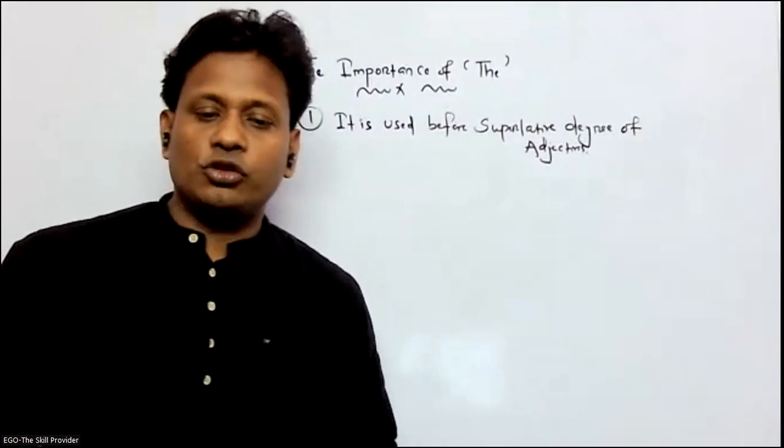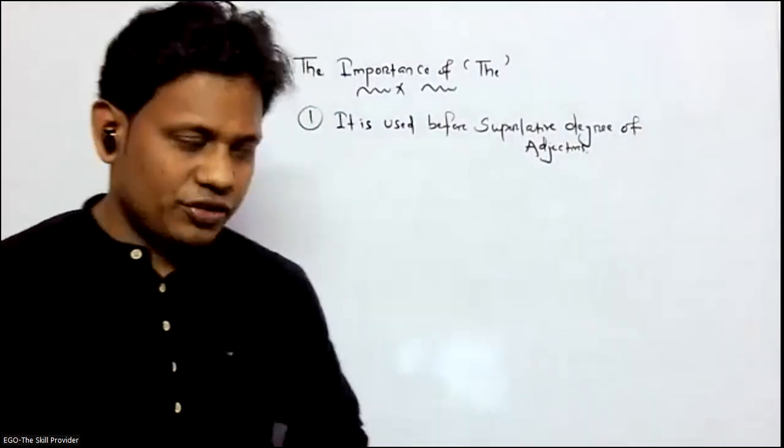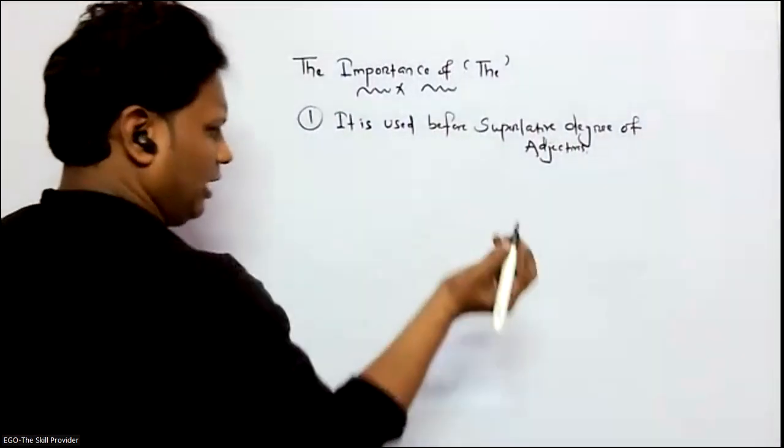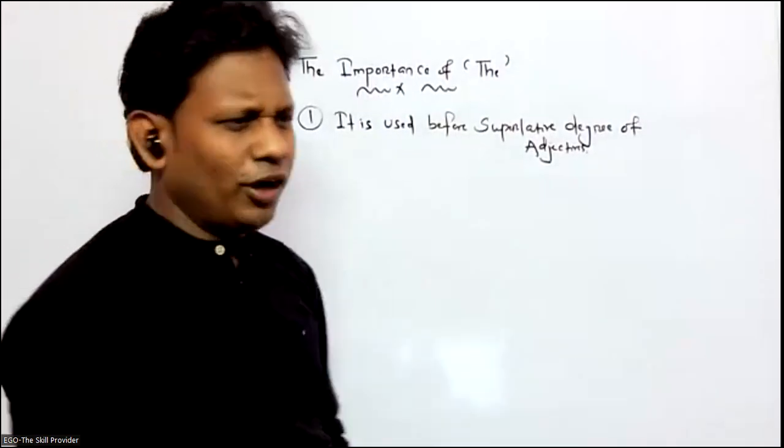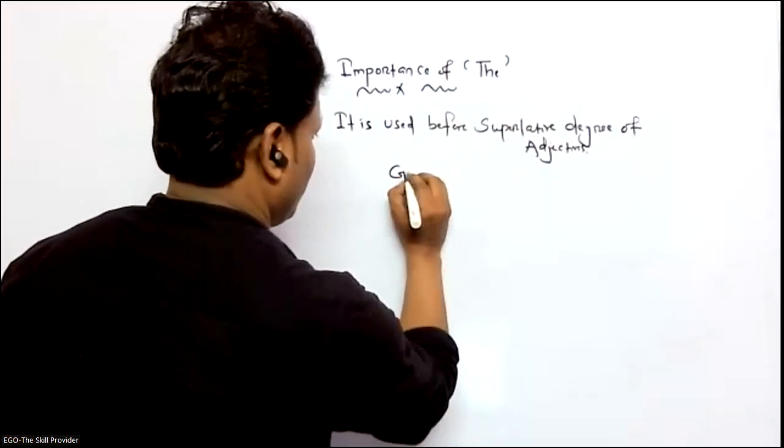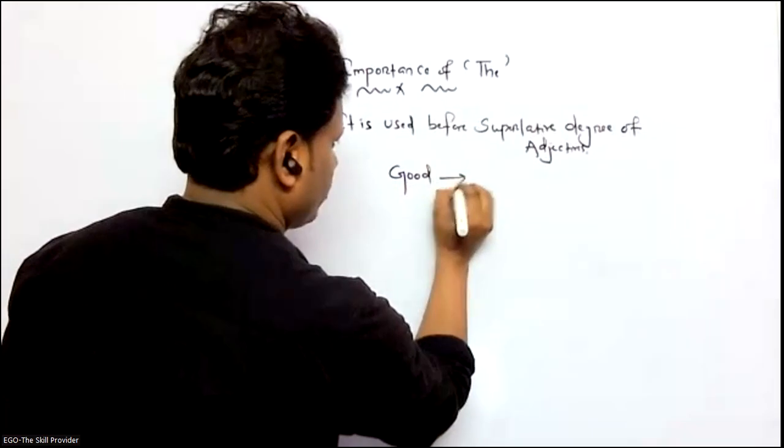So what are superlative degrees of adjectives? Try to understand. There is something called, let me take a very small example that you have been using for quite some time.